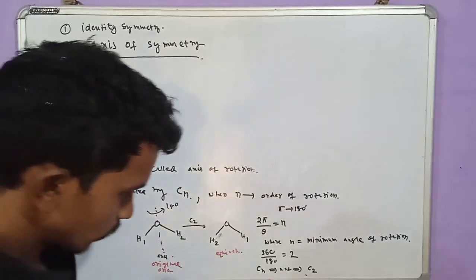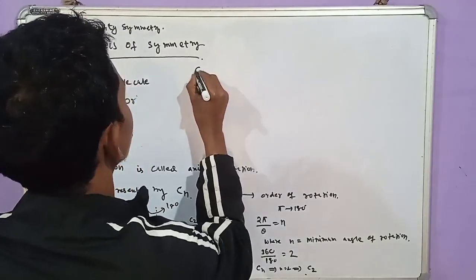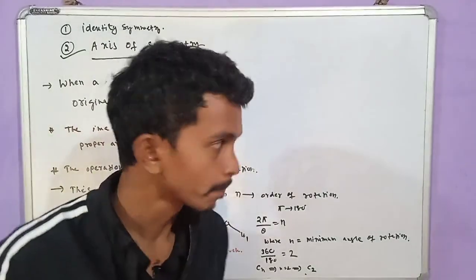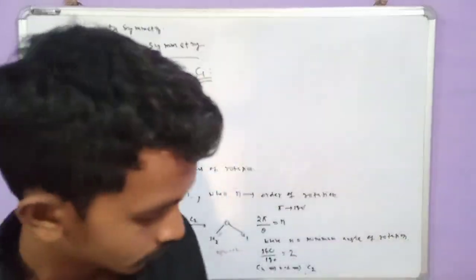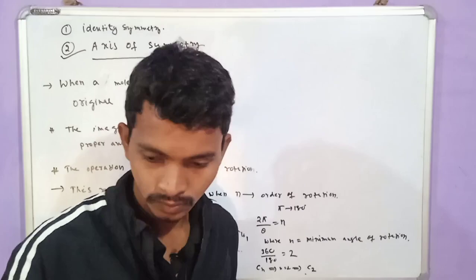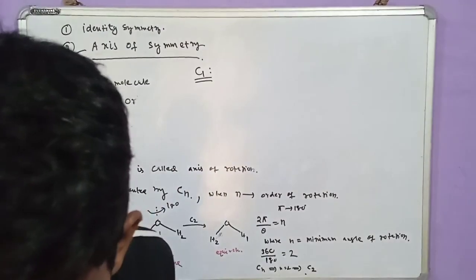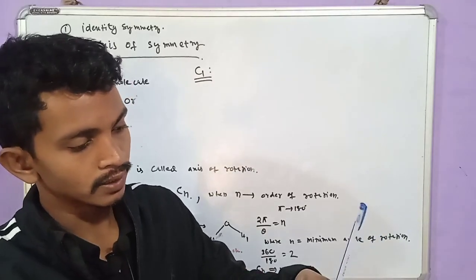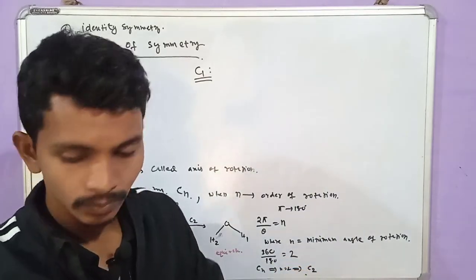If I take an example like the C1 axis, where we have the C1 axis, the molecules, see, all these 3 molecules are different, or I will draw. Here all the atoms are different, so if you rotate anywhere, we do not get the same molecule; after rotating, you will not get the same molecule.